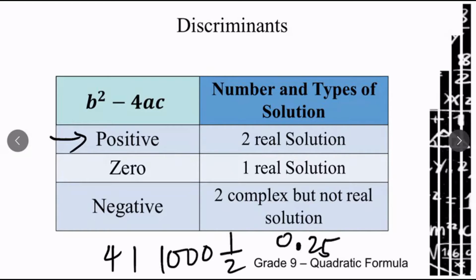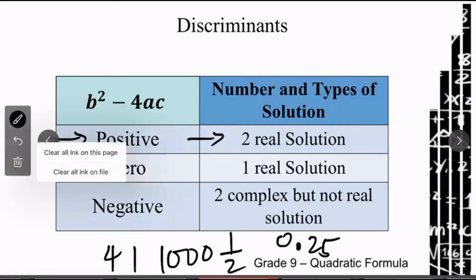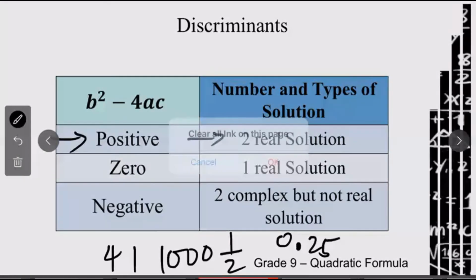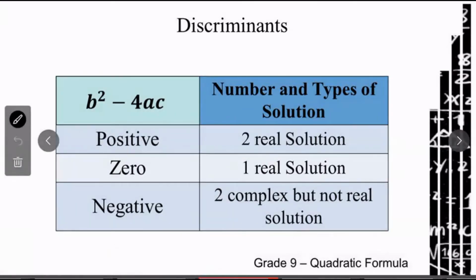So any value, as long as it is positive, automatically we have two real solutions. When we say two real solutions, we have two roots with different values. So our roots could be 1 or 2, or it could be 3 or 4, and so on and so forth. So automatically, if the value of the discriminant is positive, we have two real solutions.